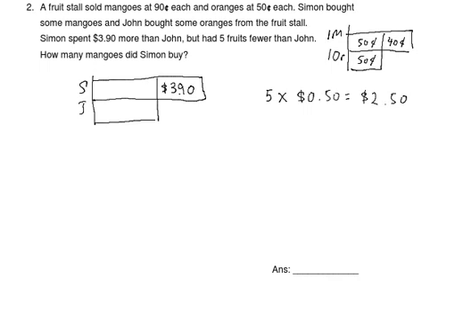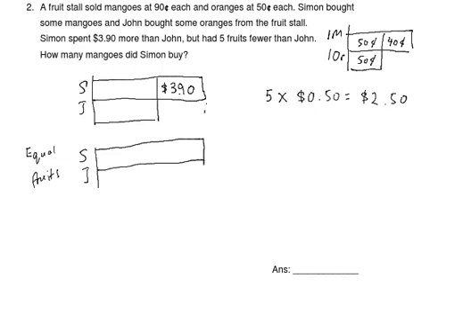So, now the next step, we can change the model such that both of them have equal fruits. When both of them have equal number of fruits, that means I need to remove 5 fruits from John. Yes or no? Yes. When I remove 5 fruits from John, the amount that Simon paid will still be the same, right? Yes.